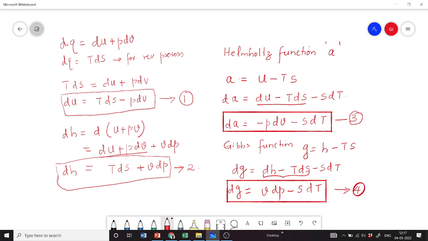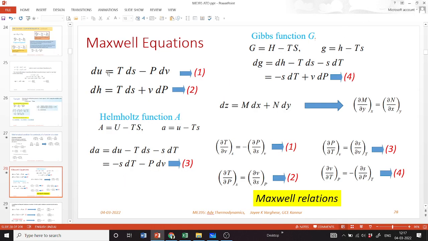Now, these four equations, again, we go to the PPT. First equation is du is equal to TdS minus PdV. Second equation is dH is equal to TdS plus VdP.